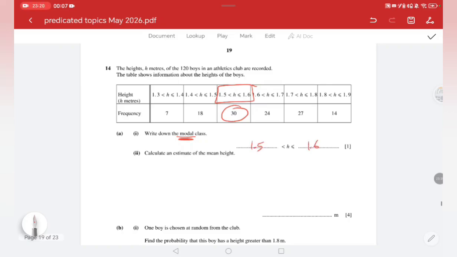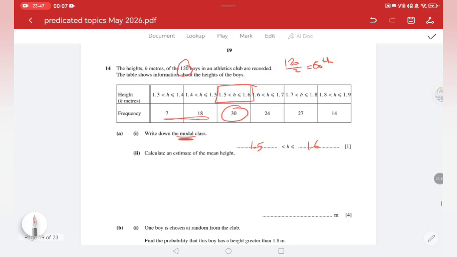So this interval, 1.5 to 1.6. You may find in an exam a question like where is the median, or which class contains the median. In this case you have to take 120 divided by 2, so it will be the 60th. Where can you find the 60th or 61st? Add 7 plus 18.